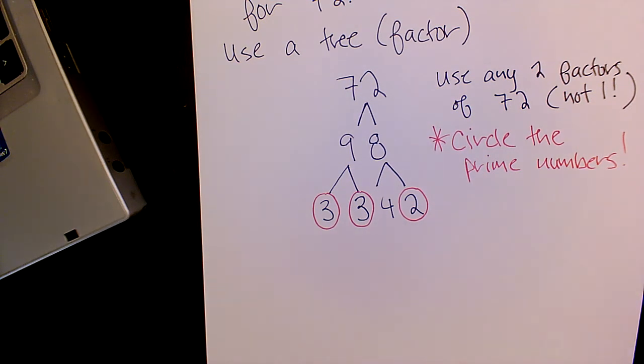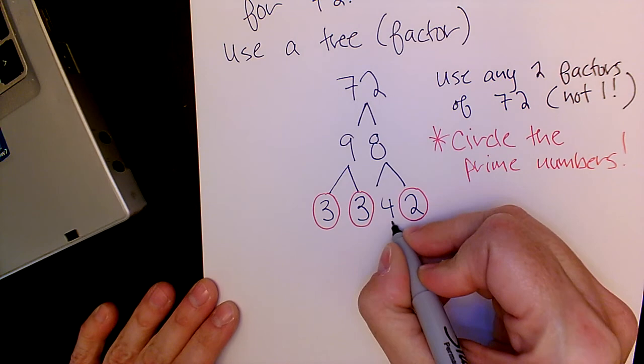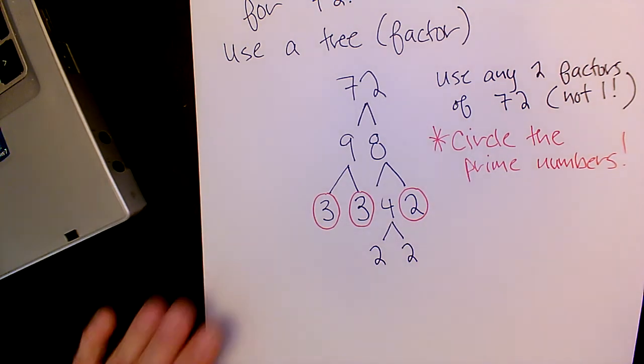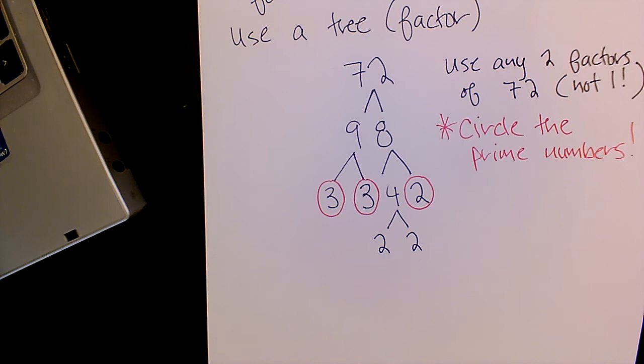What about the 4 though? Is 4 prime? 4 is not prime because I can break 4 down to 2 times 2. 4 is a composite because it has factors of 1, 4, 2, and 2, or 1, 2, and 4.